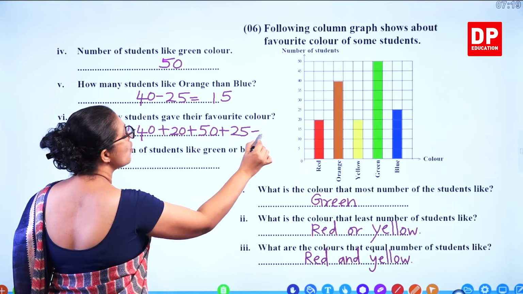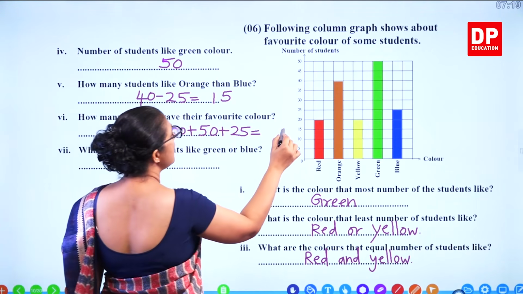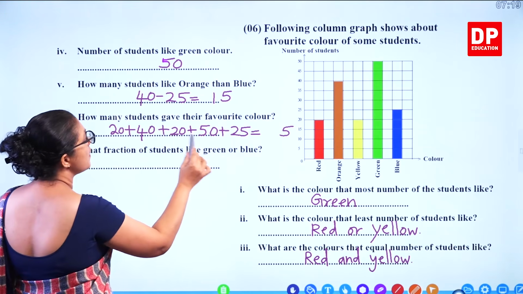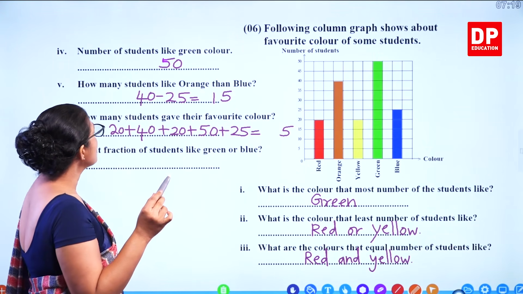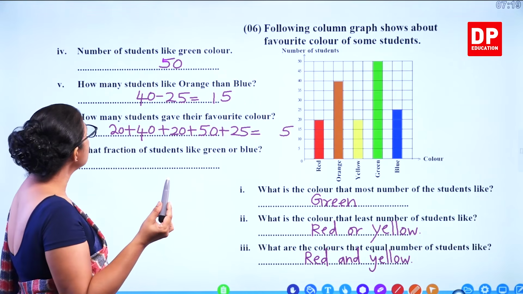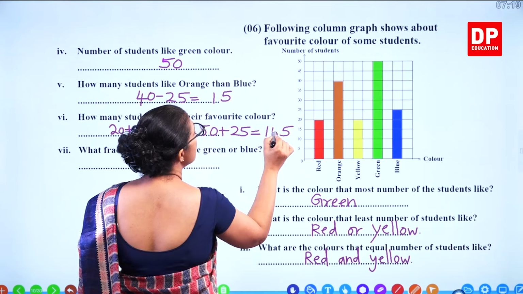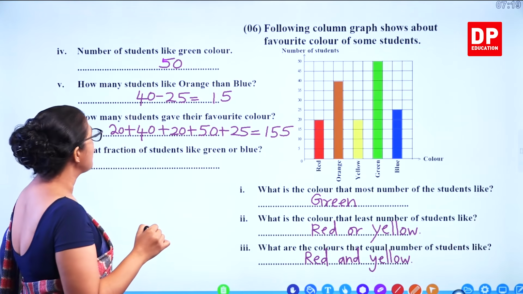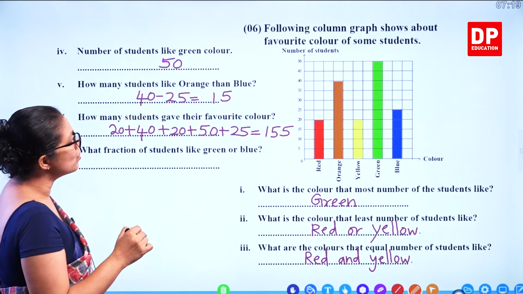So you take the total. Add all together, you get 5 here and 2 plus 5, 7, 7 plus 2, 9, 9 plus 4, 13, 13 plus 2, 15, 155 students.